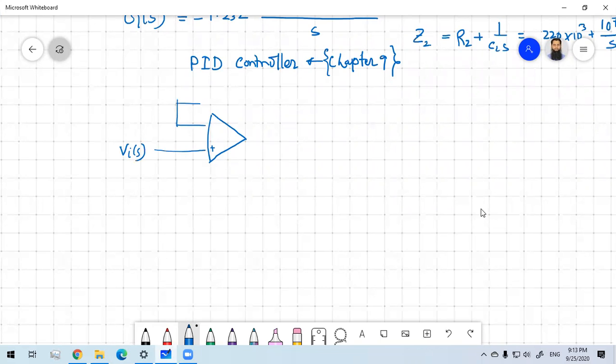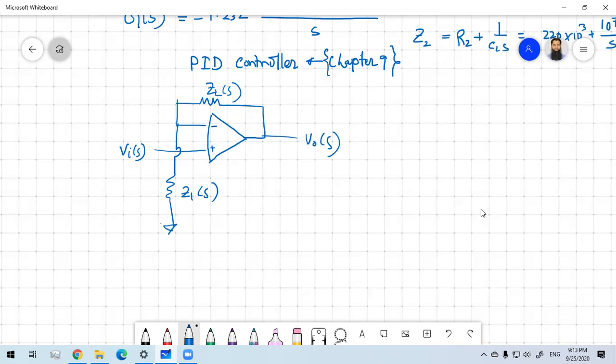So basically you have Z2S here and you have Z1S here, and this is V0S. We can term this node V1S.